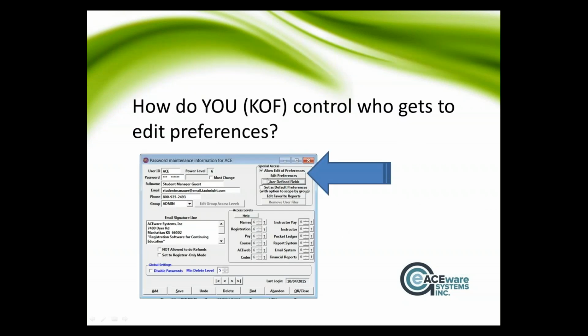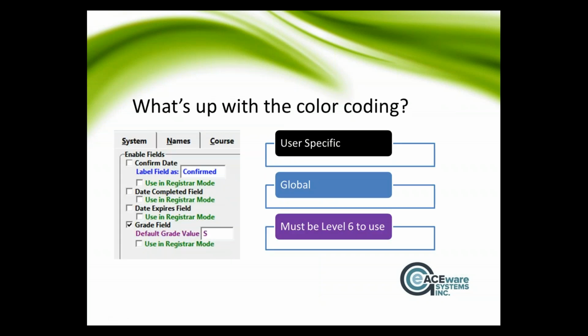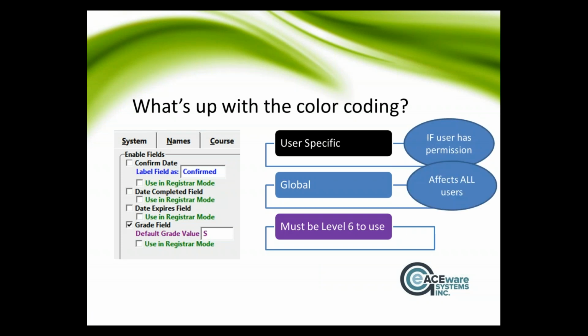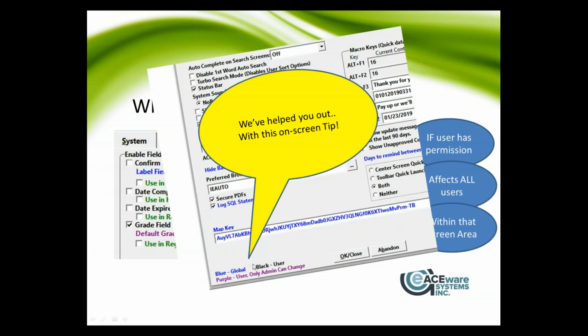As the keeper of the flame or the system administrator, you control which staff get to edit preferences. It's an edit preferences box on your user setup screen. Color coding: black is user specific, global, blue affects everybody, and purple is a special kind of limited use. And again, we give you a little cheat sheet on that.